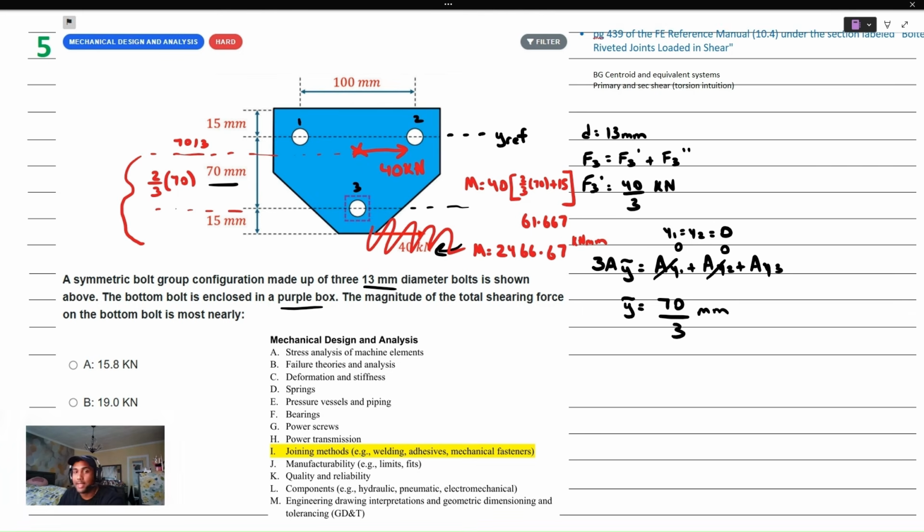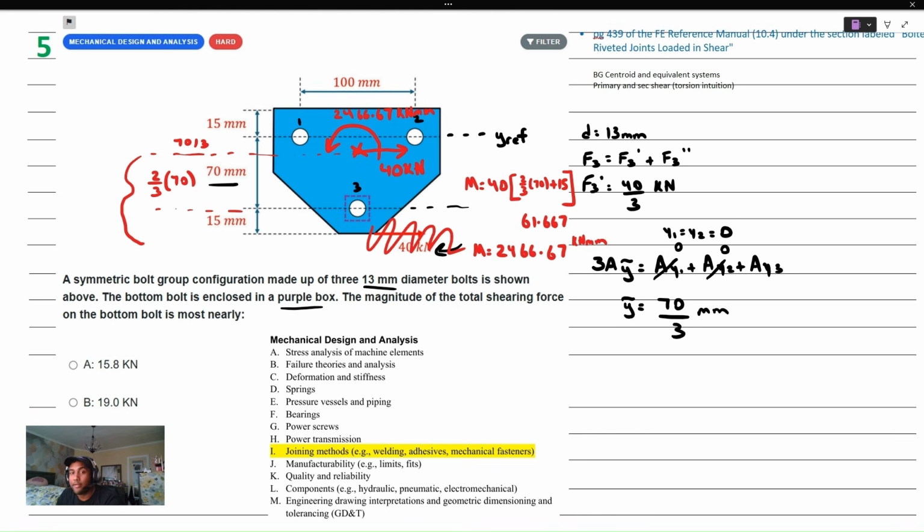Now, if we want to establish an equivalent system in the second case, we need to place a concentrated moment at the centroid. Its magnitude has to be equal to 2466.67 kilonewton millimeters, and that's because our force placed at the centroid can't produce any moment, so we need that concentrated moment to produce everything that would have been produced in the first system.